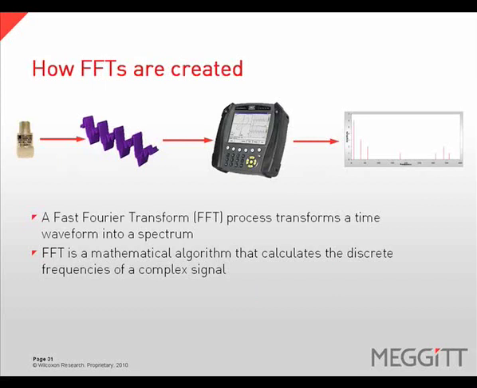A spectrum is created when a fast Fourier transform or FFT process is applied to a waveform. The FFT is a mathematical algorithm that calculates the frequency and amplitude of each discrete frequency in a complex time waveform. These discrete frequencies are then displayed together in a spectrum graph.